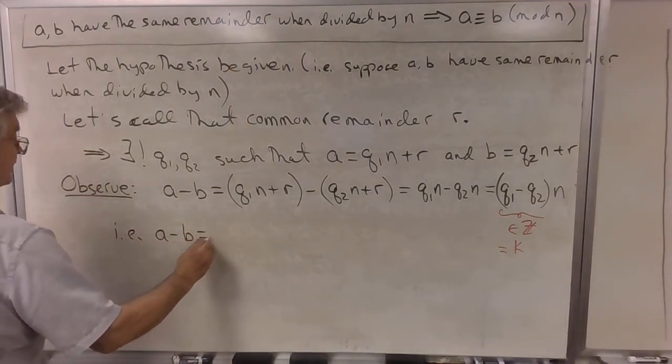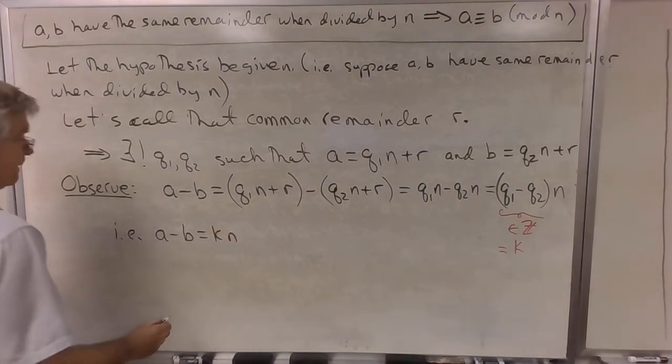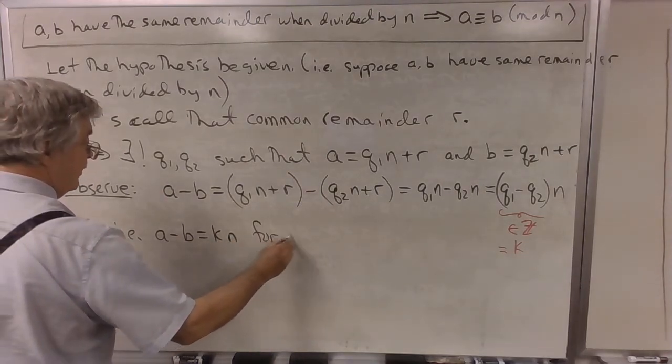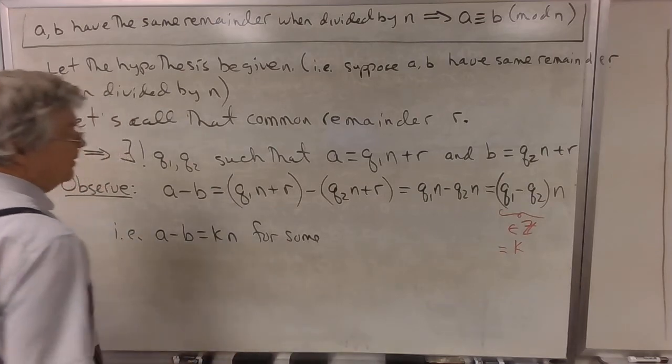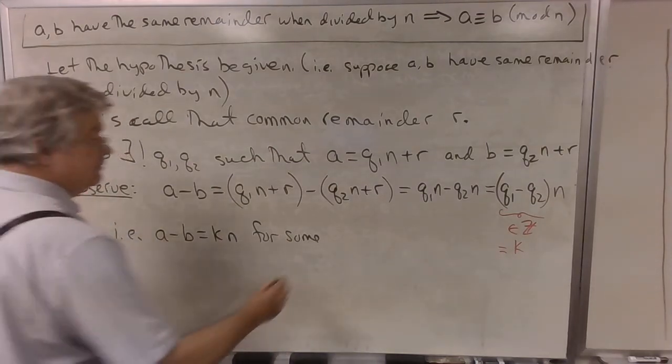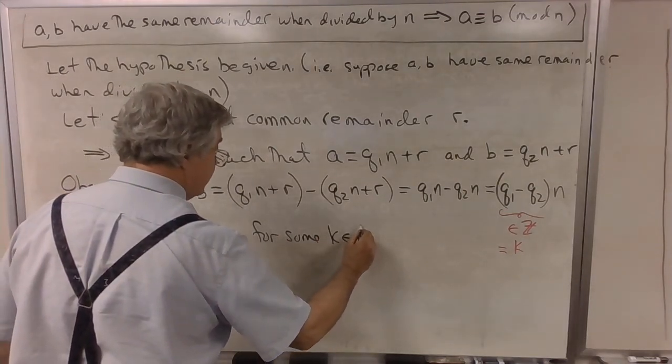So a minus b equals kn for some integer k.